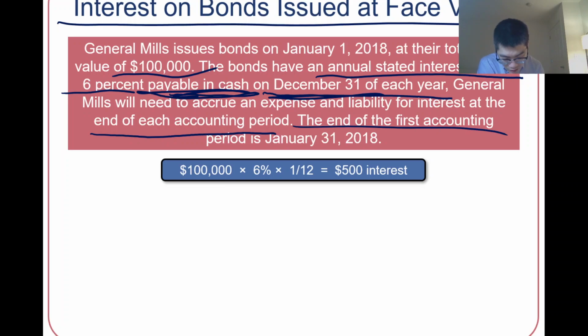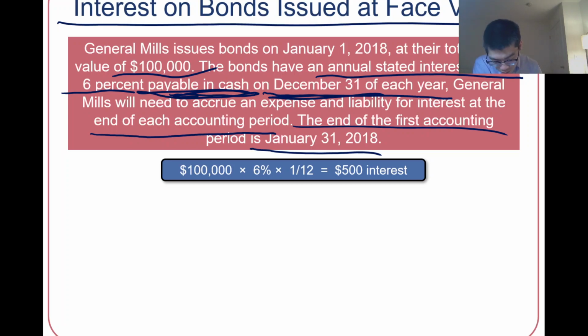The end of the first accounting period is January 31st, which means even though we are paying all this cash interest annually, because we have to prepare monthly financial reports, we have to accrue all these interest expenses monthly.